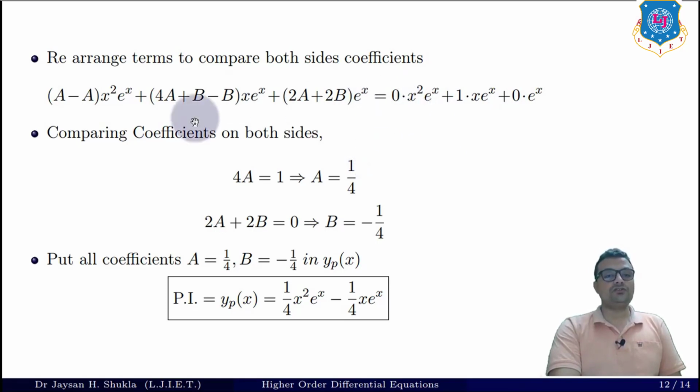This is 0 equal to 0, an identical equation. And then 4a equal to 1, which gives me a is 1 by 4. 2a plus 2b equal to 0, which gives me b is minus a, and therefore b is minus 1 by 4. Taking these two into the particular integral will give me the final answer as 1 by 4 x square e raised to x minus 1 by 4 x e raised to x.